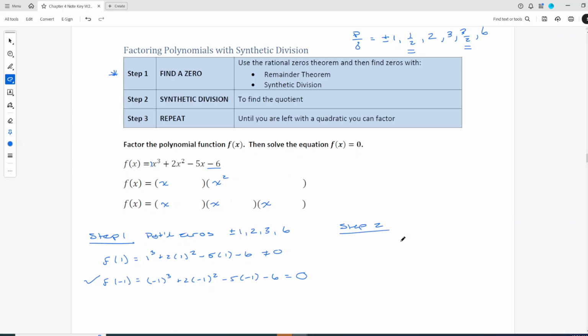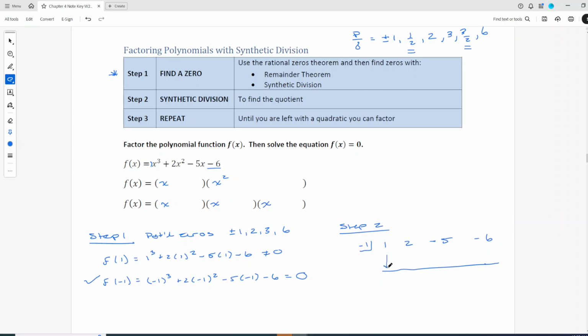Step 2 is to use synthetic division to find the quotient. You're going to take that -1 and write it in the box. Then you draw your line, and you take your coefficients off of this cubic function: a 1, a 2, a -5, and a -6. There are no missing terms. Then we do the process.